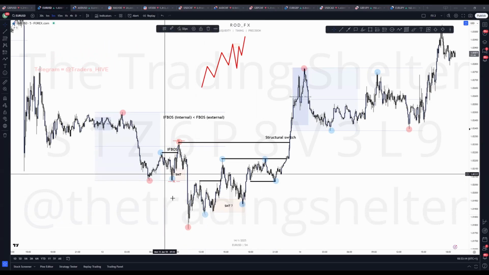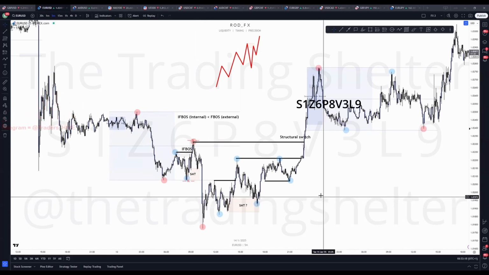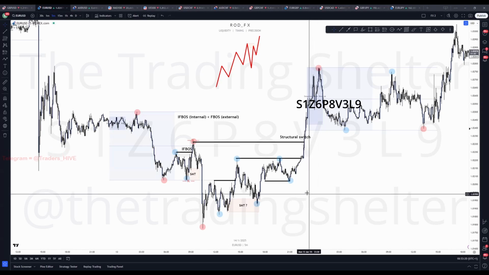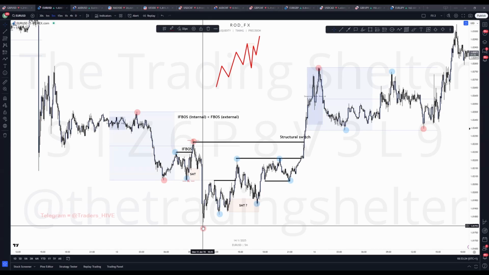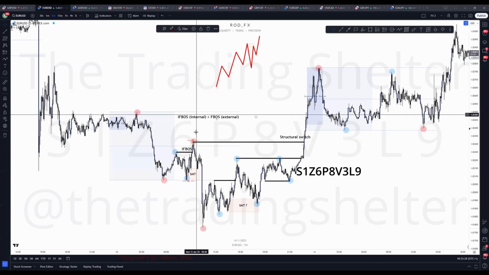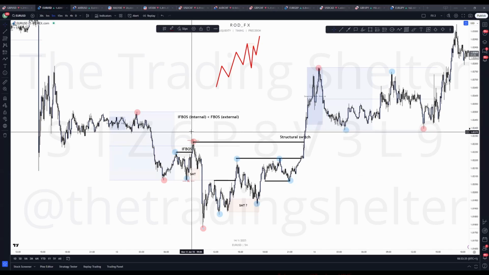And when I started teaching in the shelter, I was kind of surprised that I had to explain what an internal and external structure was when I learned this maybe in my fourth month of trading. Very, very simple. If you cannot identify the difference between an internal and an external structure, maybe you went a little bit too fast.